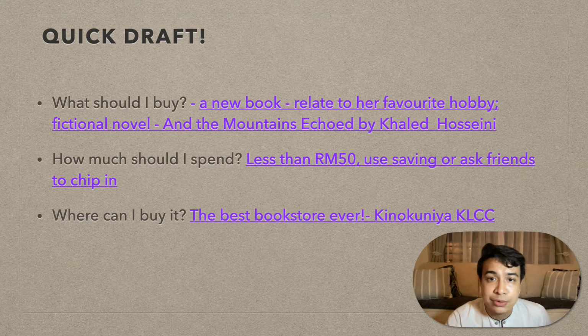So here is the elaboration: related to her favorite hobby. Firstly, we have the point, then the next one we have the elaboration, and also I provide an example here, The Mountain Echoed by Khaled Hosseini. All right, so this is going to be a great answer for the first requirement or the first task.